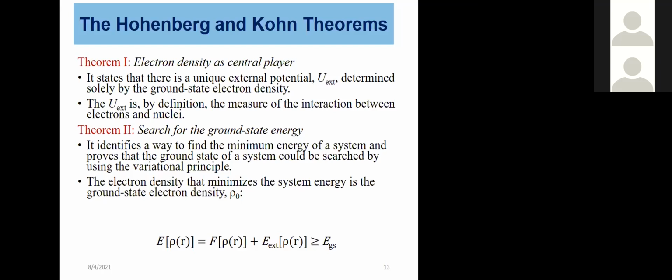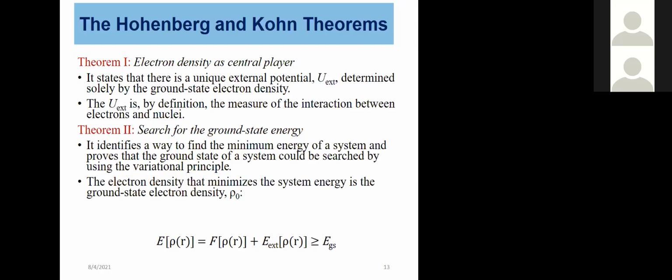If you take the example of hydrogen and helium, the radius between the nucleus and electron in helium will be different from that in hydrogen, and so in iron or other atoms. So that external potential is unique to a particular system. And if we measure this external potential, or electron-nucleus interaction energy, then we can apply it to that system and solve.